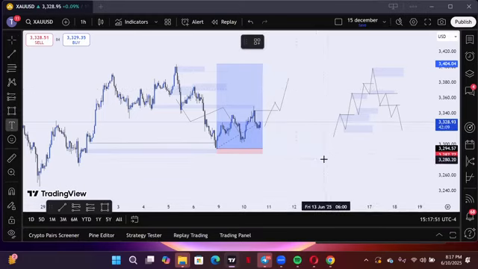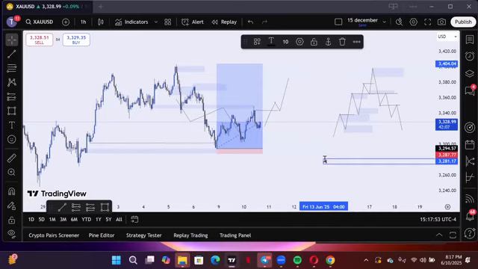So the first one, one of the most important that I pay attention to, the first rule in picking a proper point of interest, is what? There must be an existence of a market structure shift or a double break of structure.